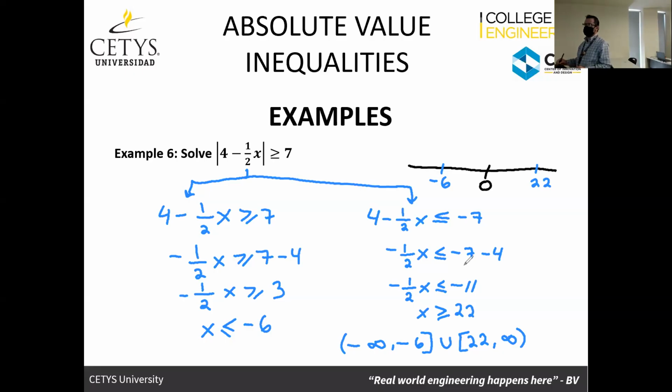So the interval is going to be from -∞ to -6, with a bracket, and larger than 22. Okay.